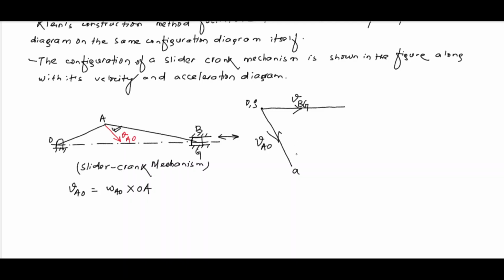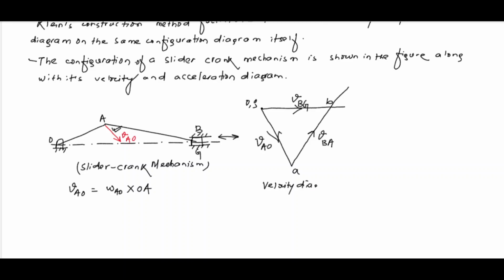So now what we'll do, we'll draw a line perpendicular to this connecting rod. Okay, so we'll draw a line perpendicular to the connecting rod, and both these lines will intersect at point B. So this will give us the velocity of point B with respect to A. Okay, and upon measuring we can find out this VBG and VBA. So this is our velocity diagram.